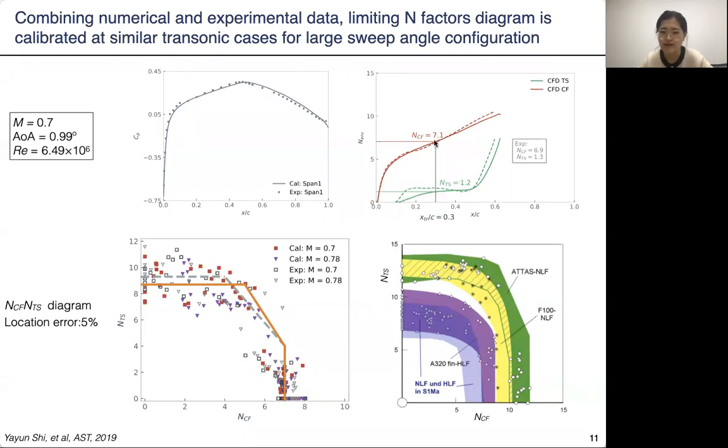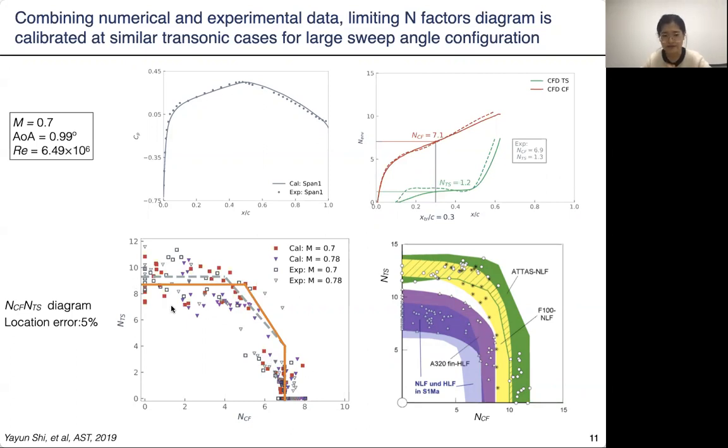We also have the experimental transitions, and then we determine the critical N factor for the TS and CF instabilities. And we have more than 100 cases available. So finally, we could plot the critical N diagram here.